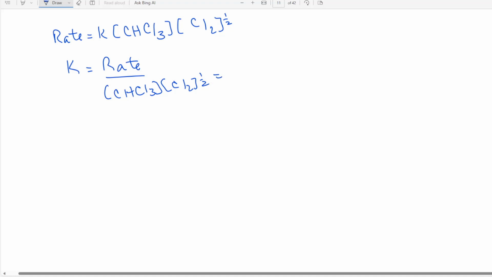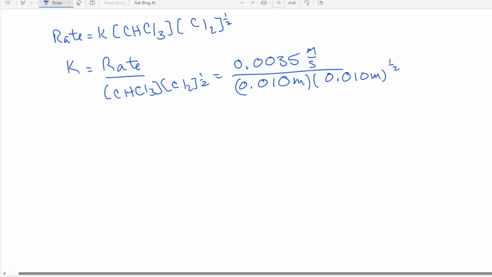So we can take a data point and plug in all of these species. So we get 0.0035 molar per second divided by 0.010 molar times 0.010 molar to the 1/2, and so that gives us 3.5 molar to the negative 1/2 times second to the -1.